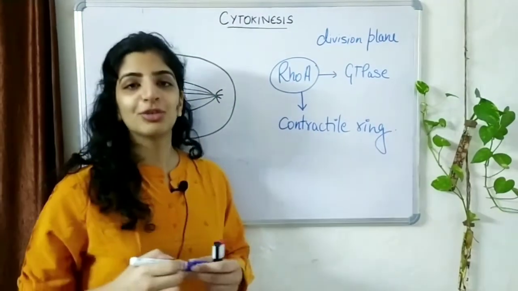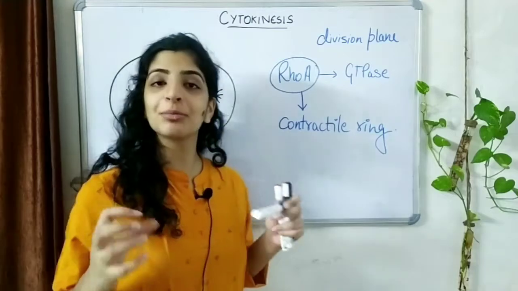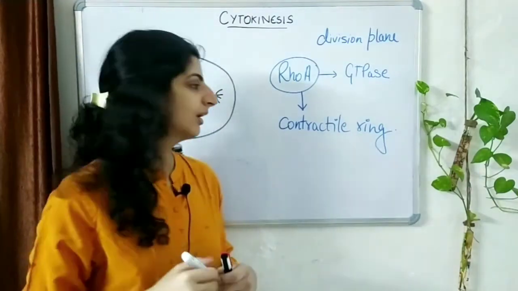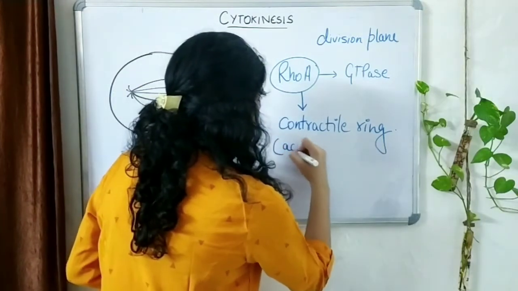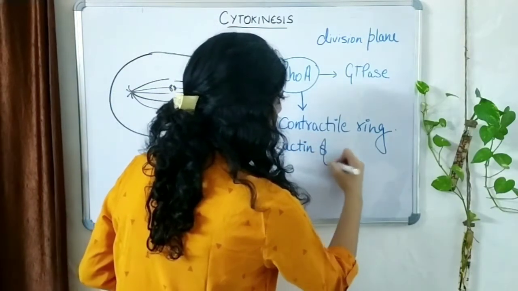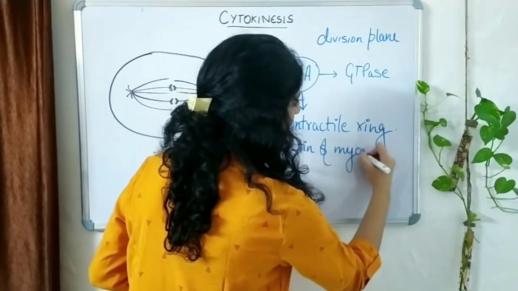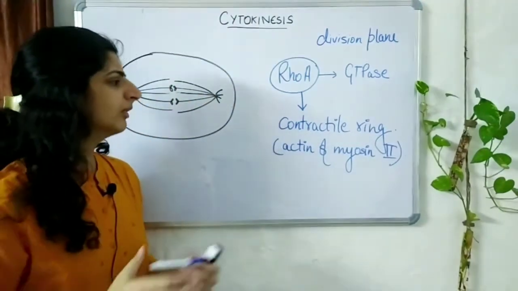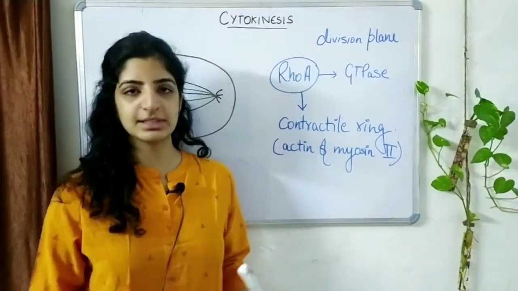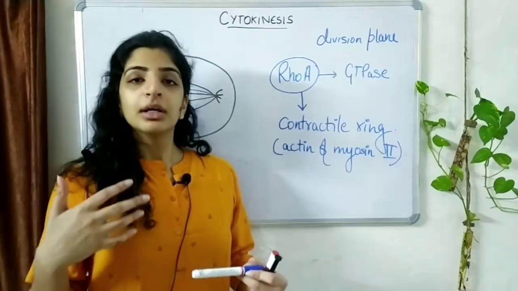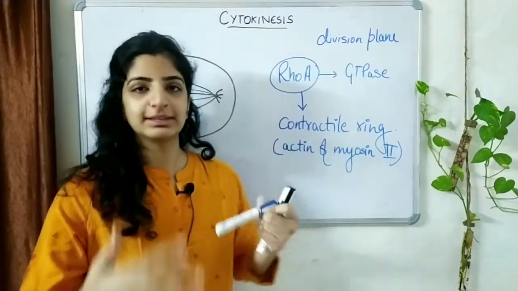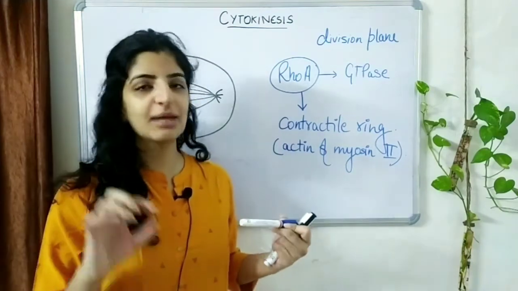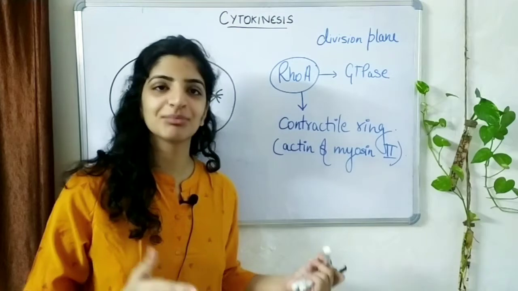RhoA calls out for help. It wants some proteins to come in and form this contractile ring. Two proteins that we know pretty well are contractile: actin and myosin. Here it is myosin 2. If you know a little bit about muscle contraction, or even if you don't, you'll know that as you use your muscles, your energy is spent, and all of our muscles are capable of contracting and relaxing.